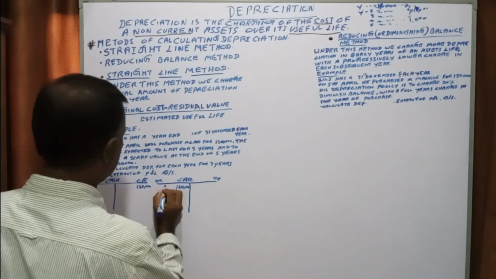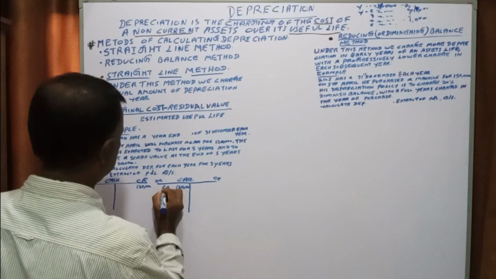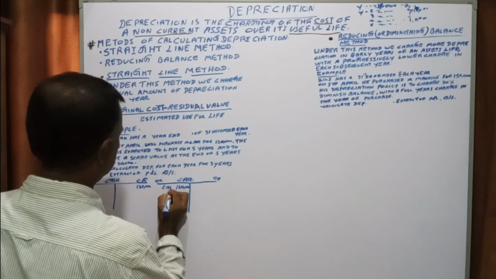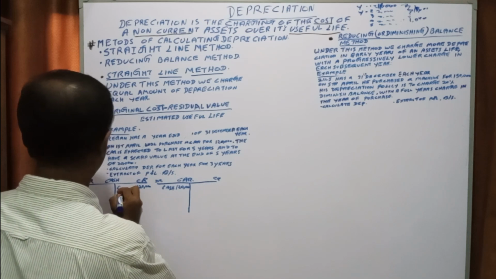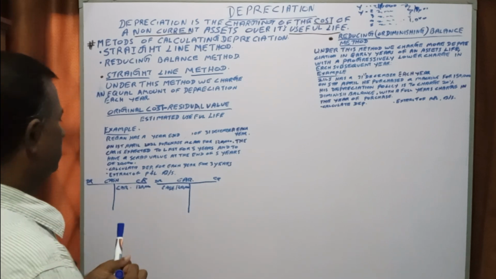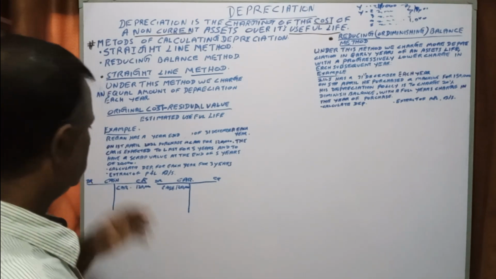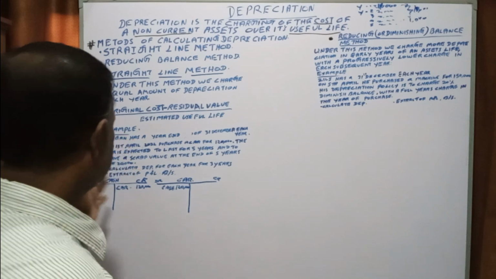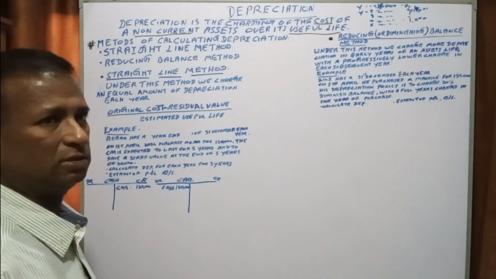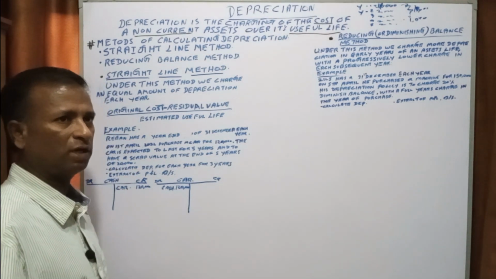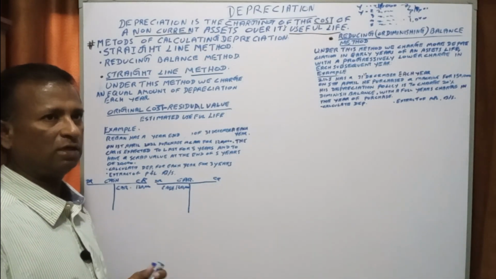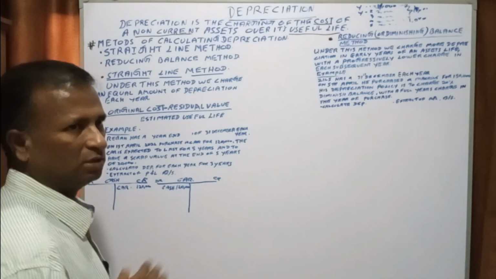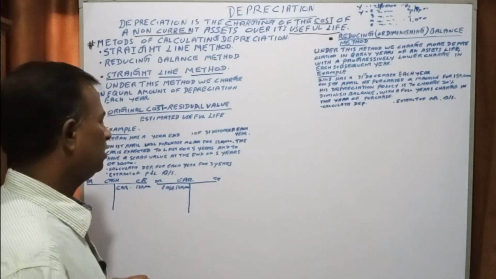Because we are purchasing a car, which comes under non-current assets, when there's an increase in non-current assets, it has to be debited.